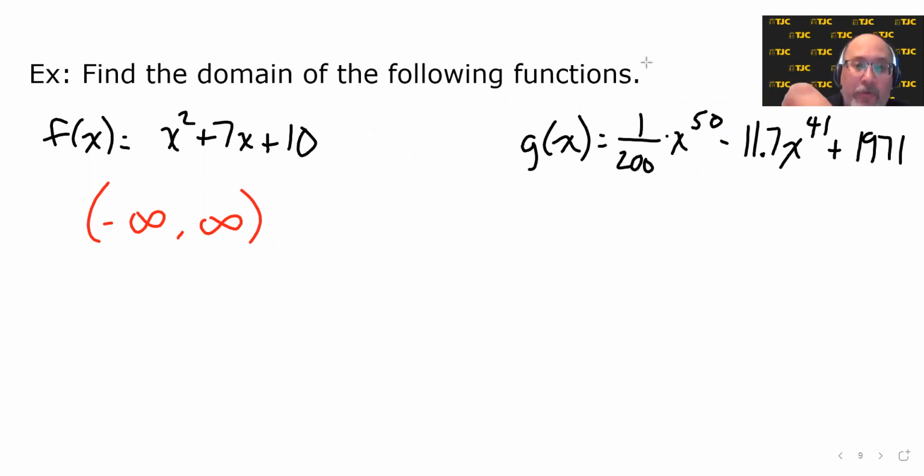And as a polynomial function, that means that your domain is negative infinity, comma infinity. Remember, our domain issues are invoked by denominators and square roots. And if you have neither, or rather I should say no variables in denominators, then your domain has no restrictions. It's everything, negative infinity to infinity.